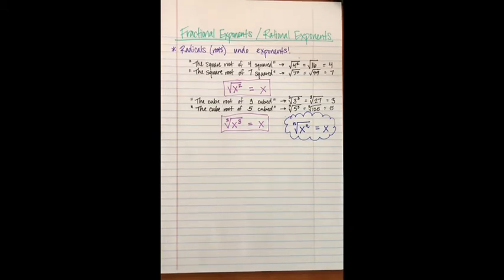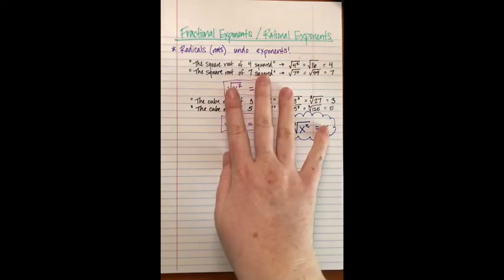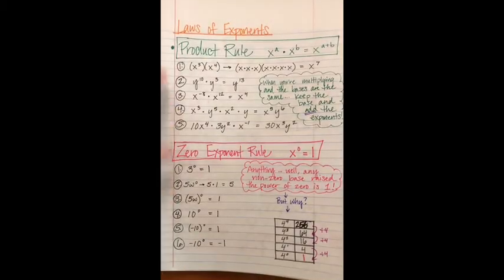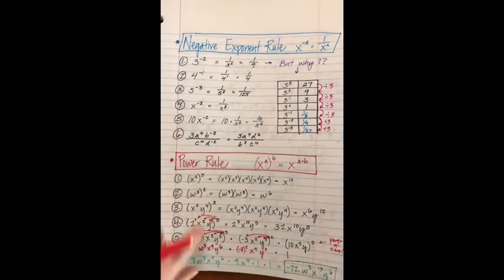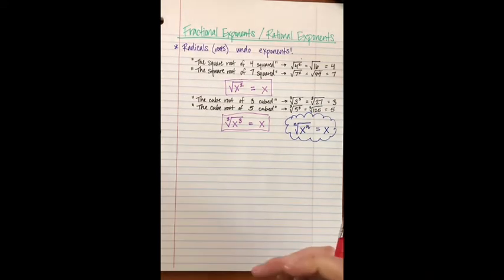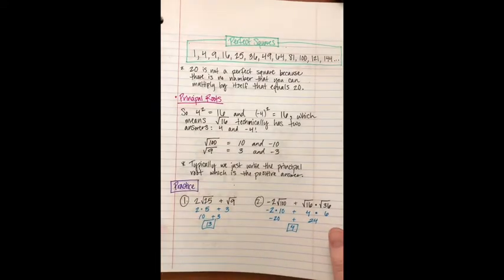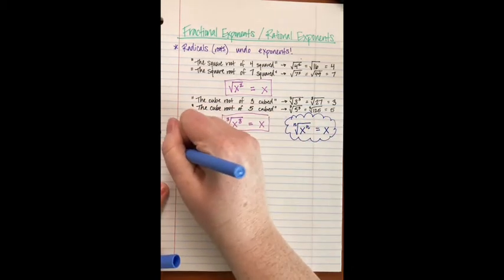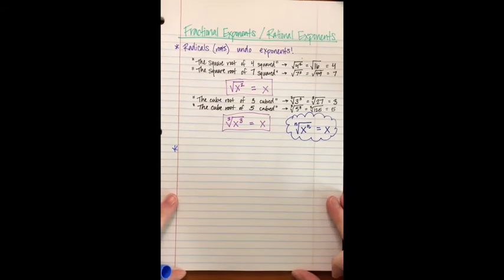Okay. Now, I hope you're asking yourself, how does this connect back to what we were doing with product rules and zero exponents and power rule? I hope you're asking that because this is where everything comes together. This is where I tie in our lessons with radicals to our laws of exponents. All right, so I'm going to call this little section in our notes: you're going to ask yourself a question, and you're not going to know the answer yet.